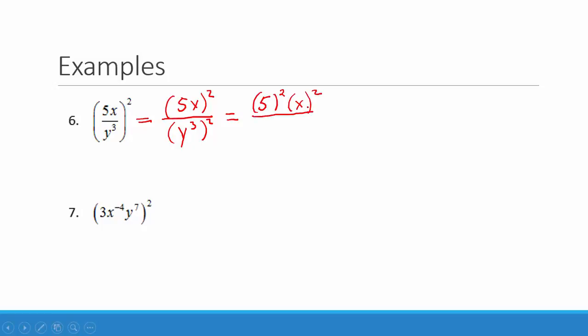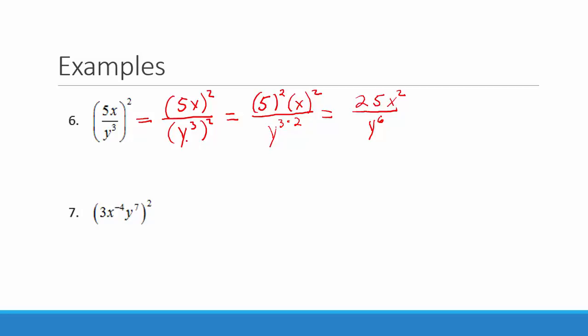In the denominator, we have y to the third squared. That's a power to a power, so we multiply the powers. 3 times 2. 5 squared is equal to 5 times 5, which is 25. And x squared is x squared. And then we multiply our powers in the denominator. 3 times 2 is 6. So we end up with 25x squared over y to the sixth.